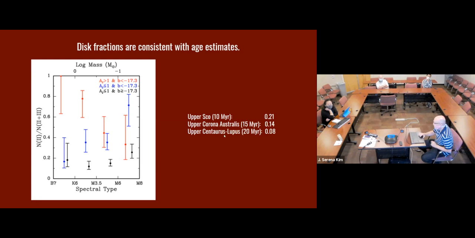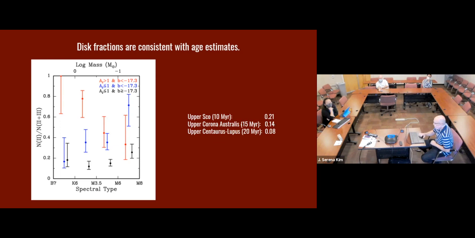For Upper Centaurus-Lupus, which is part of the Sco-Cen complex, which Upper Sco is actually a part of, it's 20 megayears and has a much lower fraction, and it's just so beautiful when it falls right there. It's a tribute to following the same procedure on every region that you measure it for. And that gets rid of all of that scatter from methodology.